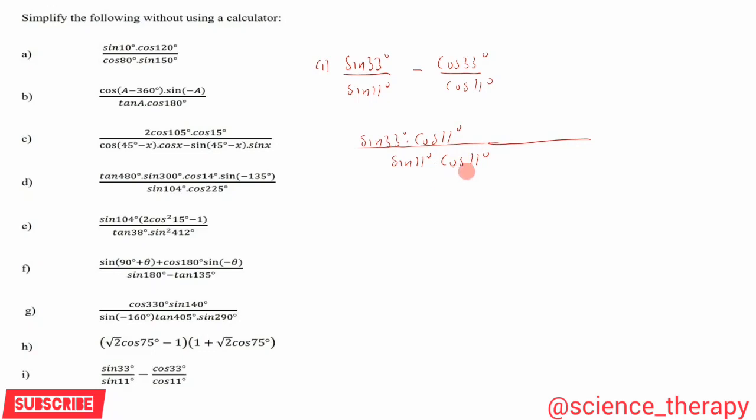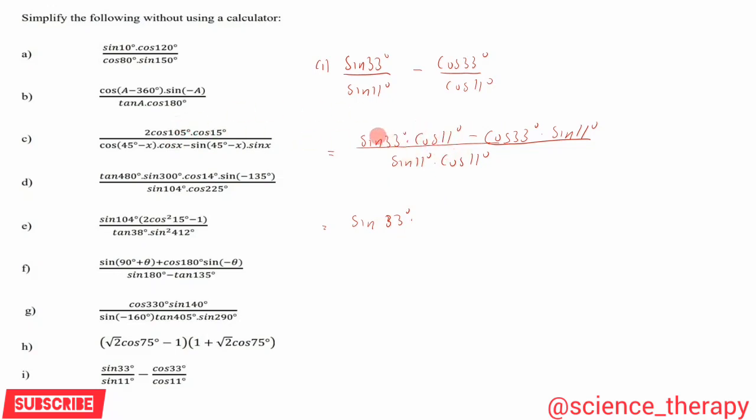Then also if we take all of this divided by cos 11 degrees, cos 11 degrees and cos 11 degrees will divide out, so we'll be left with sine 11 degrees to multiply with cos 33. So we have cos 33 degrees and then sine 11 degrees. So at this point we have sine 33 degrees cos 11 degrees, and then we can see that we have a situation of a compound angle, right?